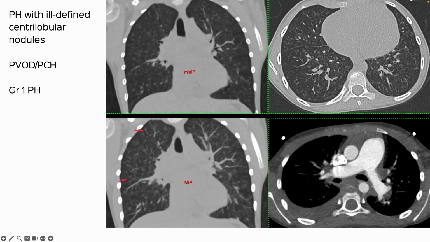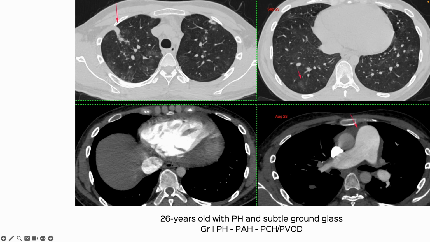Typically, that's what they say is the cause of all these areas of ground glass. And you have a BMPR2 mutation that can also present in this manner. PVOD is pulmonary veno-occlusive disease, and PCH is pulmonary capillary hemangiomatosis. They're all part of the same spectrum of diseases, and they often have pleural effusions, septal thickening, and these findings.